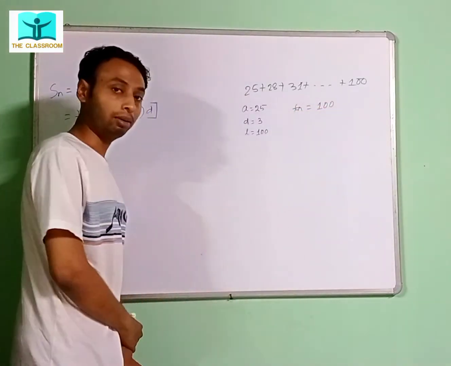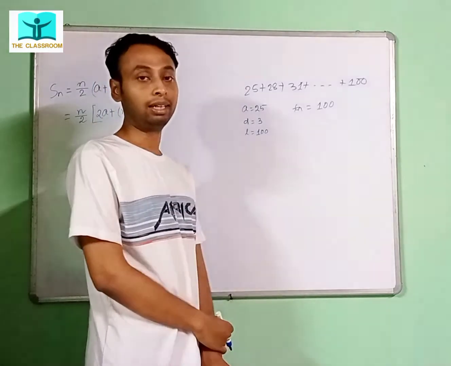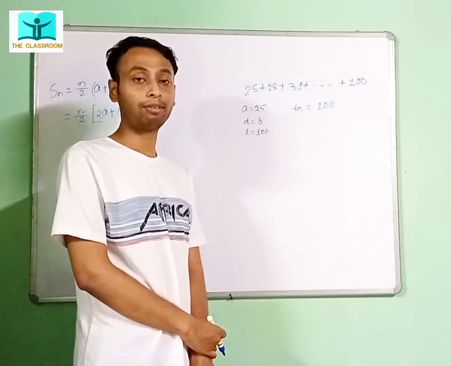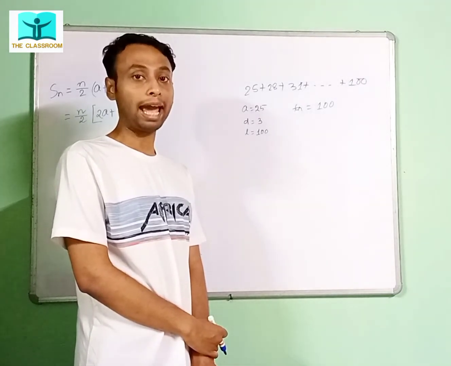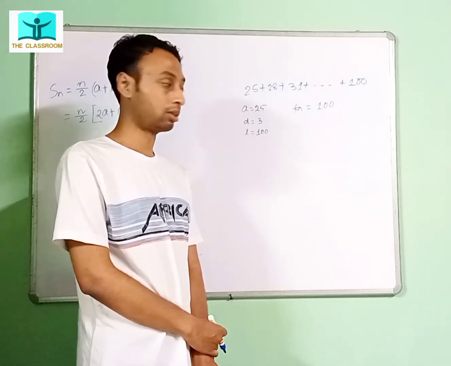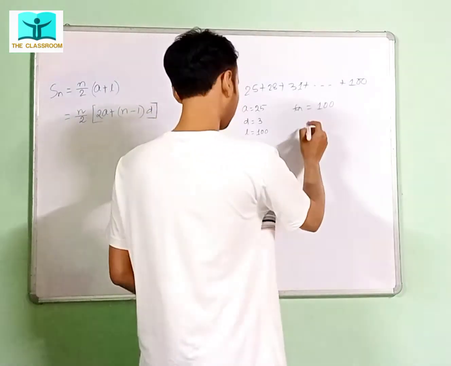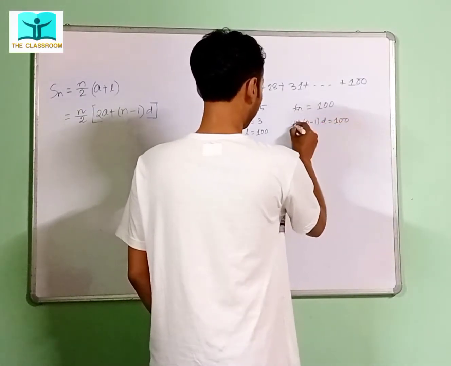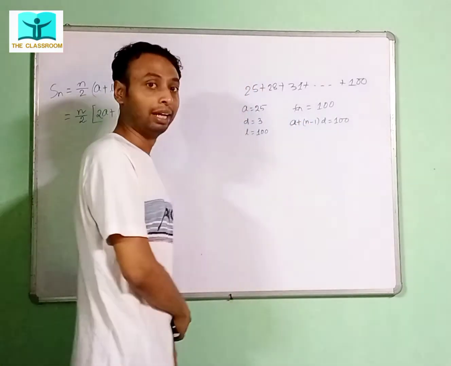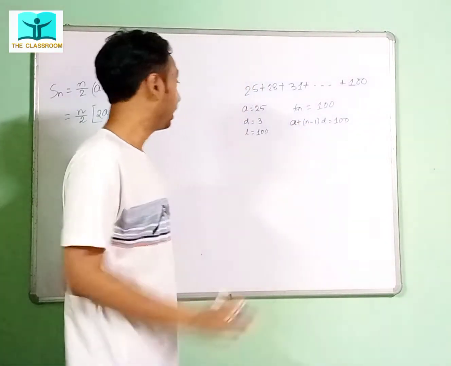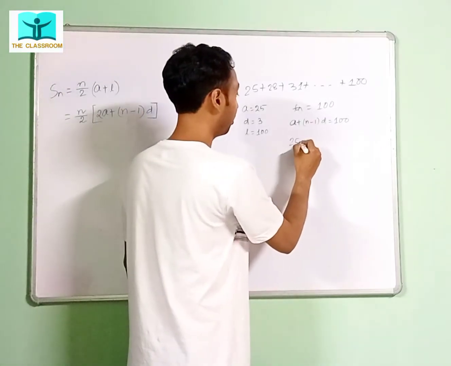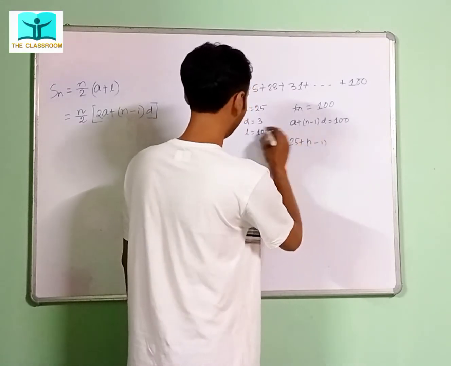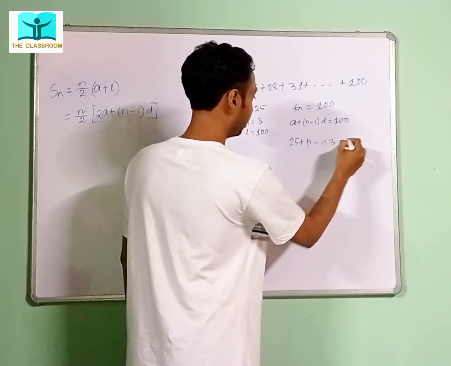If we apply the formula Tn equals a plus (n minus 1) into d, we don't have the value of n, that is the actual number of terms of this sequence. So Tn equals a plus (n minus 1) into d equals 100. A is 25, so 25 plus (n minus 1) into d, and d is 3.